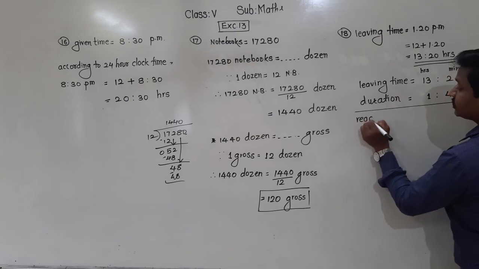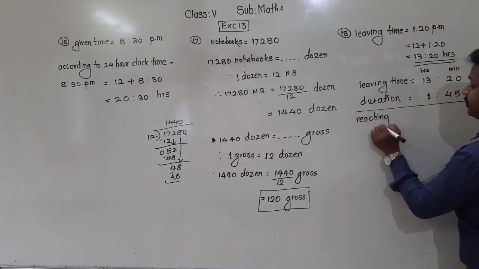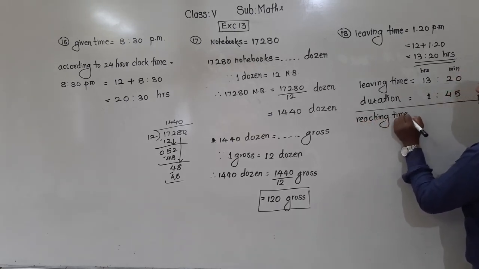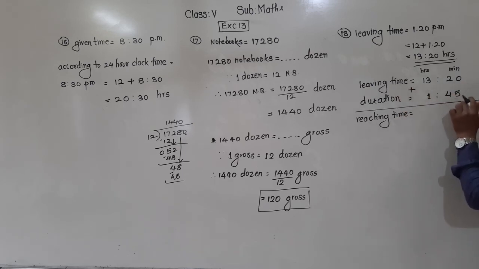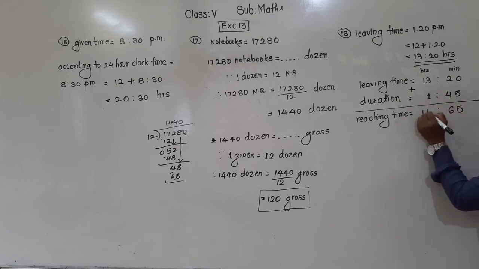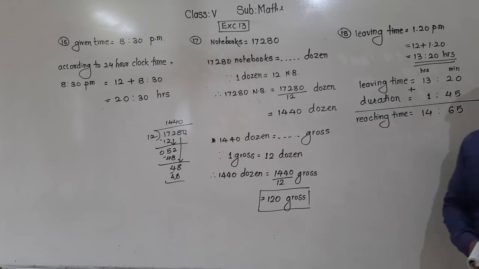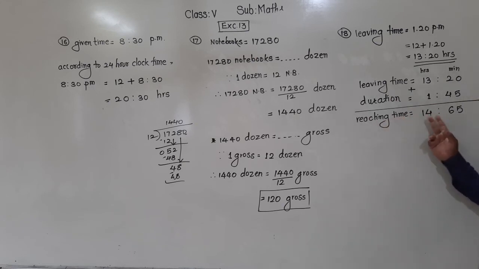So when we add this duration, we will get the reaching time of that bus to Lonavala. So see here, 20 plus 45 is 65. 13 plus 1, 14. Now see here, reaching time is 14 hours 65 minutes.